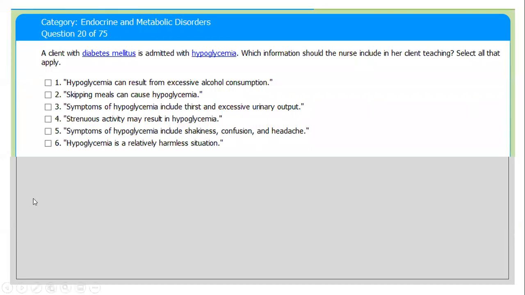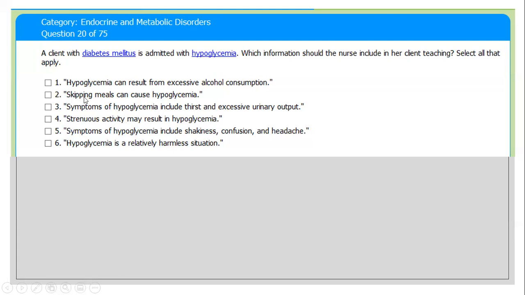First question is about diabetes mellitus. A client with diabetes mellitus is admitted with hypoglycemia. Which information should the nurse include in her client teaching? Select all that apply. Number one, hypoglycemia can result from excessive alcohol consumption.